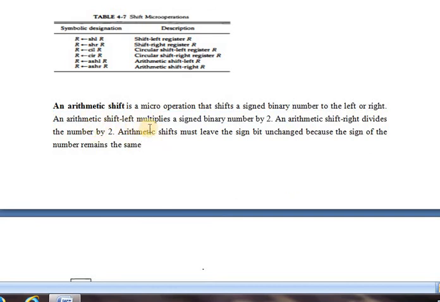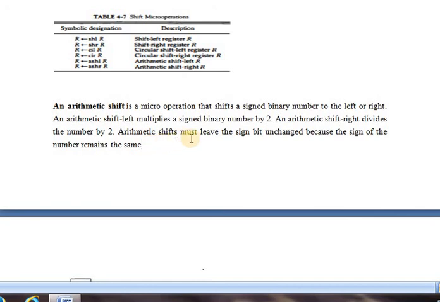This is the important point: an arithmetic shift left multiplies a signed binary number by 2, and an arithmetic shift right divides the number by 2. Left means it will multiply the binary number by 2, and right means it will divide by 2. These are the important things you should note.